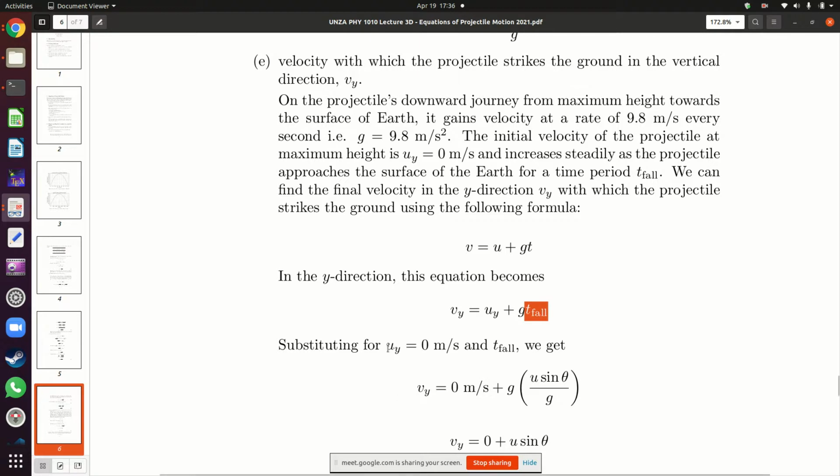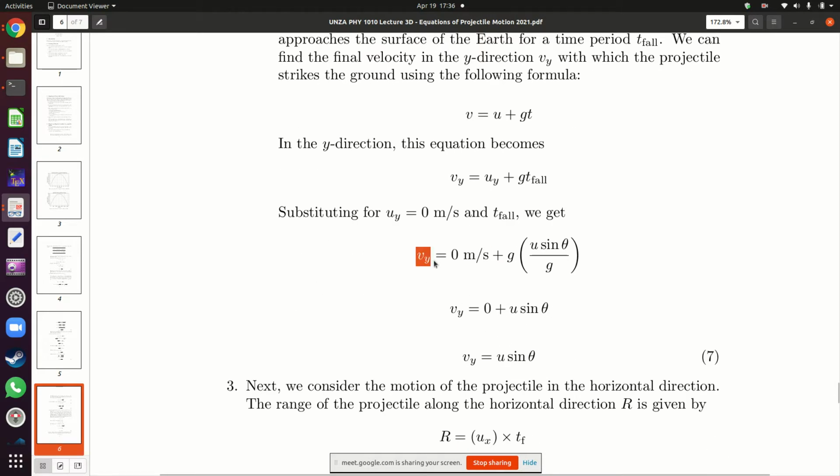In our case, your initial velocity at maximum height is 0 meters per second. We have an expression for fall time, which is u sin theta divided by g, and we are falling towards the surface of the earth. So Vy is going to be equal to 0 meters per second plus g times u sin theta divided by g. In this case, g divided by g is going to give you 1.